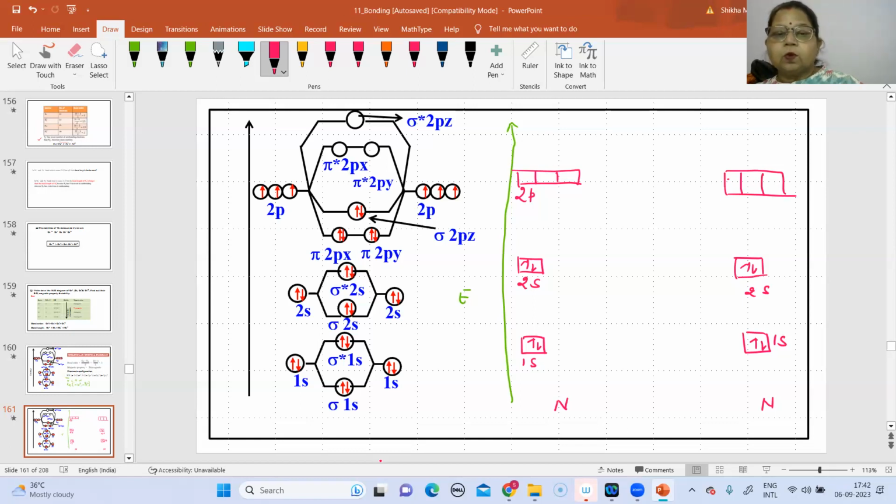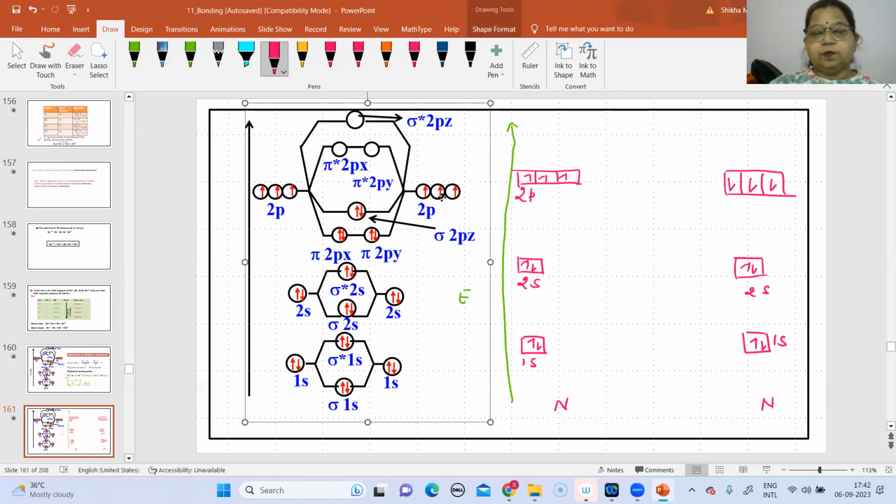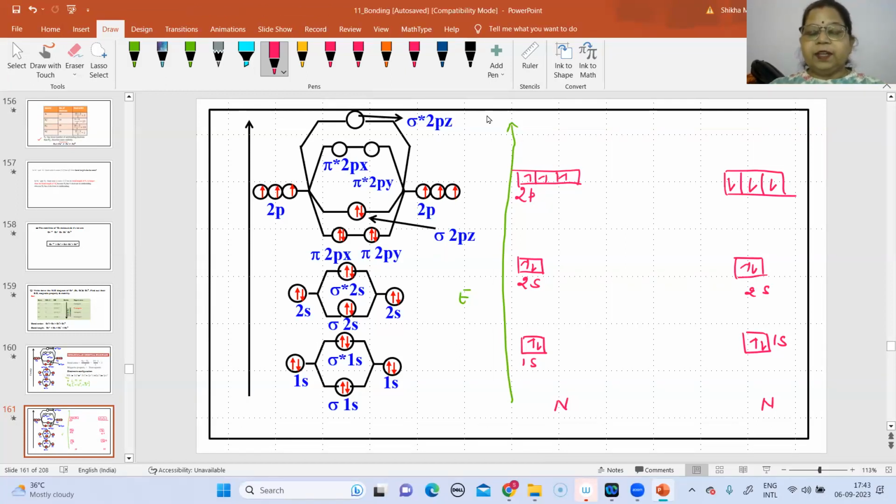So we have to draw this, this, and this in this direction, and this and this in this direction. This is a pre-designed image which I cannot correct. So if you are using this one, please make a correction that the electrons are to be drawn in the opposite direction. We have learned in hybridization and many other concepts that the electrons have to be of opposite spin. So instead of putting it in the clockwise direction, you have to put it in the anti-clockwise direction.